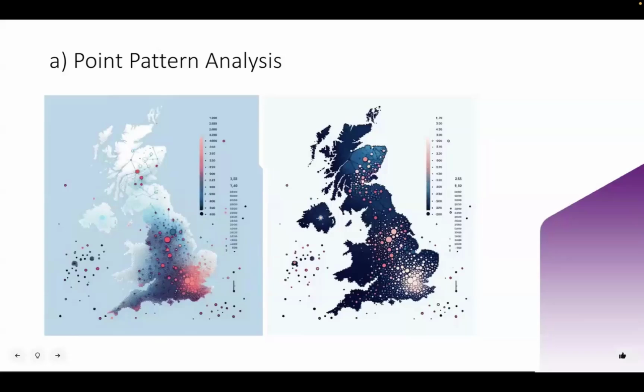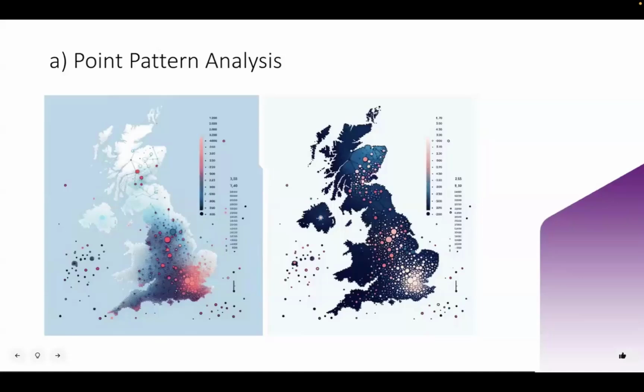So this overplotting can make it difficult to see meaningful patterns, but this is where we apply things like kernel density estimation, and this converts point data into a heat map by estimating the intensity of crimes in that area. Or you can use nearest neighbor analysis, which I think was mentioned in the previous method.